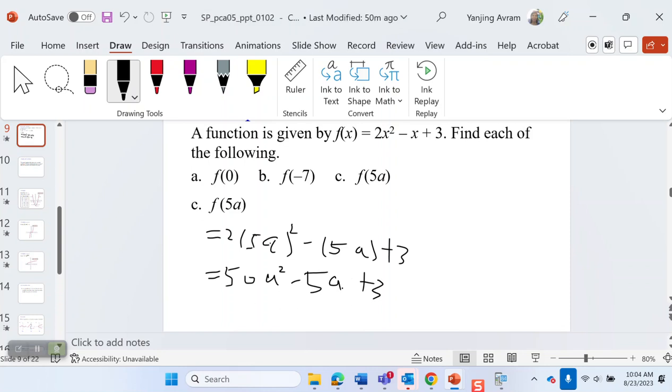That is your final answer, which is also an expression. So when x is equal to 5a, your y will be equal to 50a squared minus 5a plus 3. Any questions?